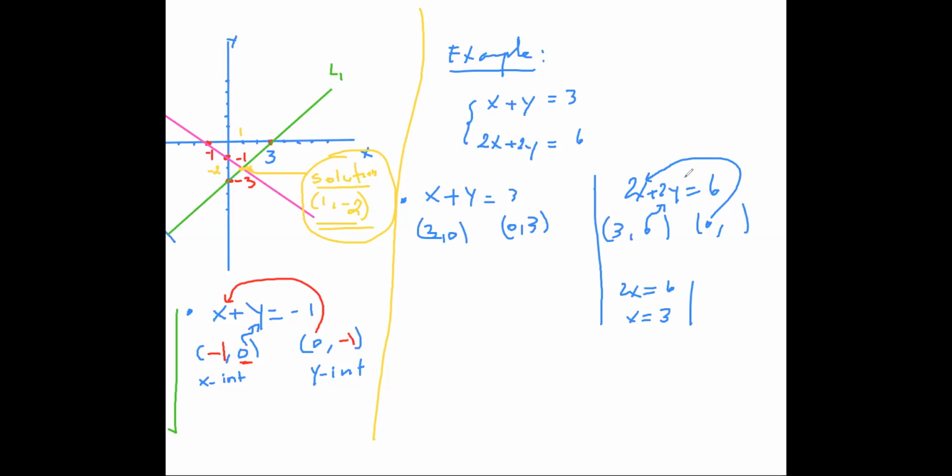So you end up with 2y equals 6. And what do you do from there? Divide, it's 3. That's it. So the first line, 2 points. Second line, 2 points. What's left to do?